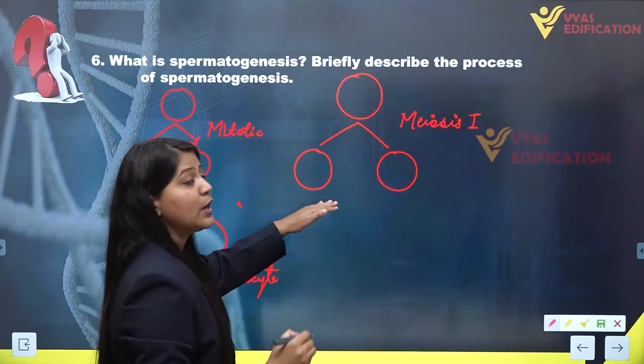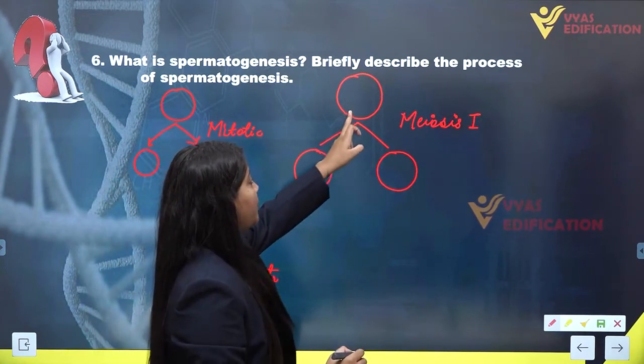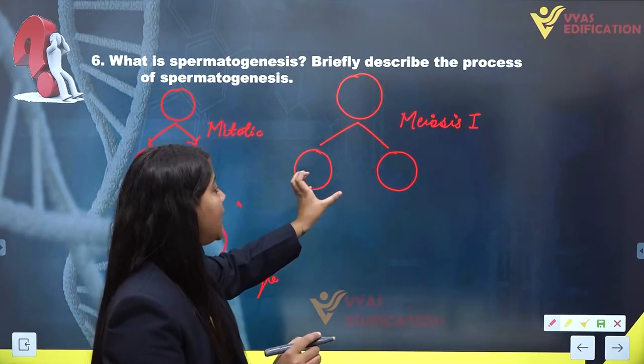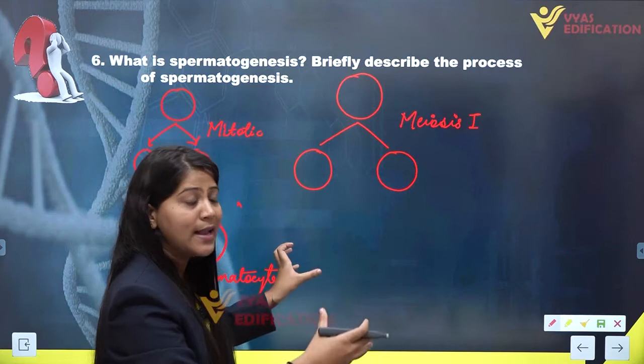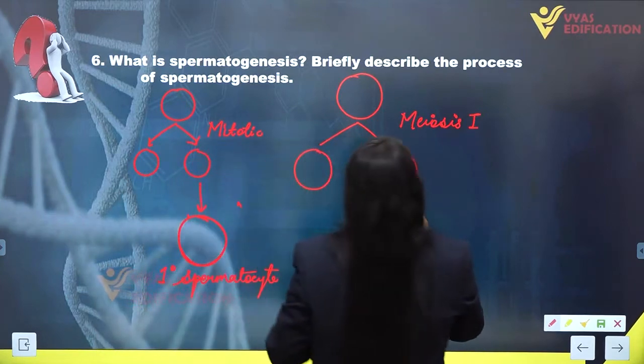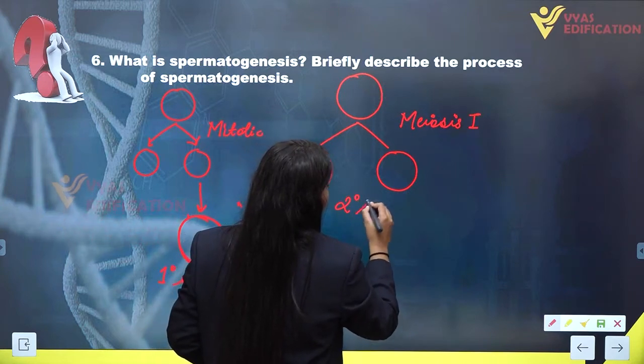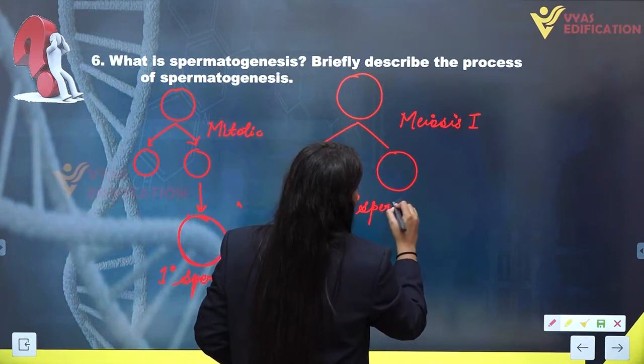An equal division is happening. So the primary spermatocyte undergoes the first meiotic division and forms two cells. These two cells are known as secondary spermatocytes.